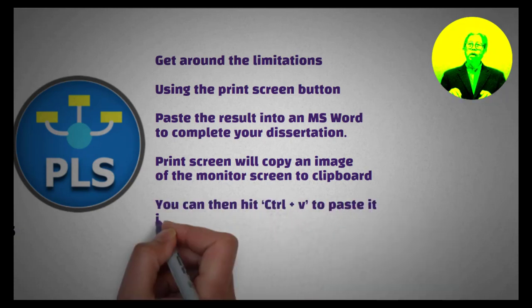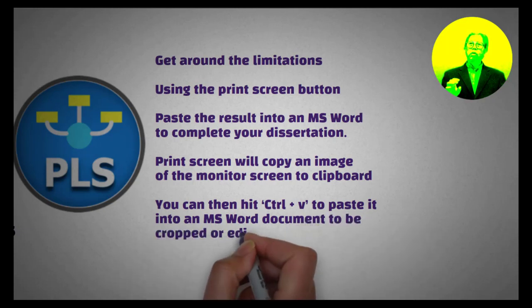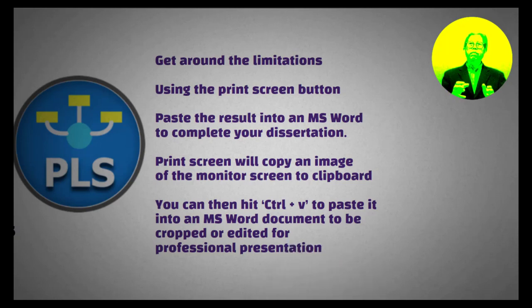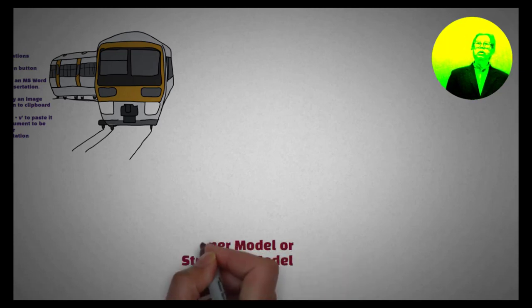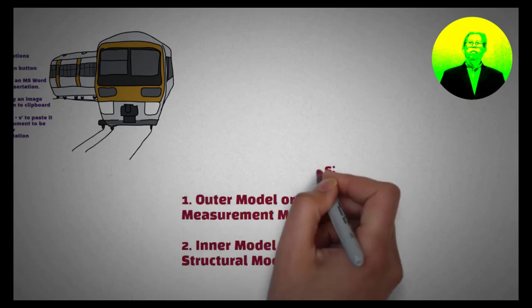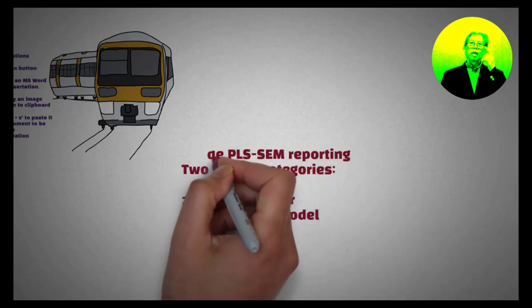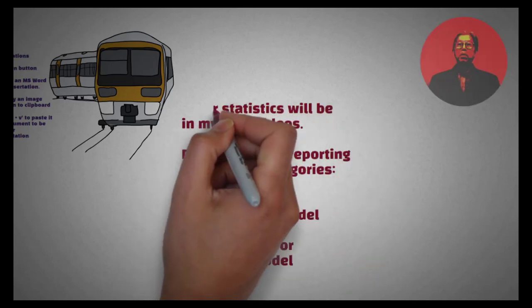Then you can hit Ctrl+V to paste it into the MS Word document to be edited or cropped for professional presentations. Okay, today we will focus on diagnostic statistics, which are widely used in research. Other statistics will be discussed in my next video.